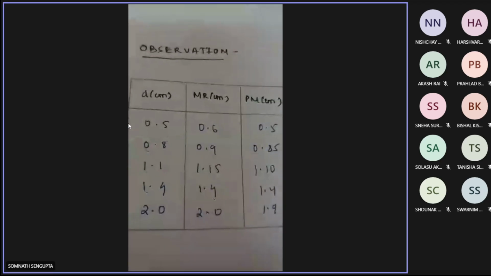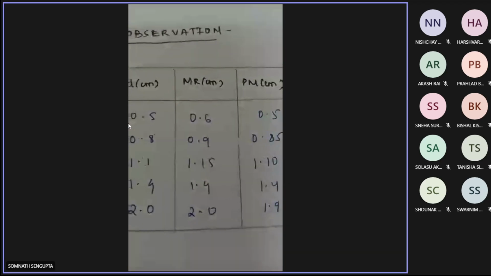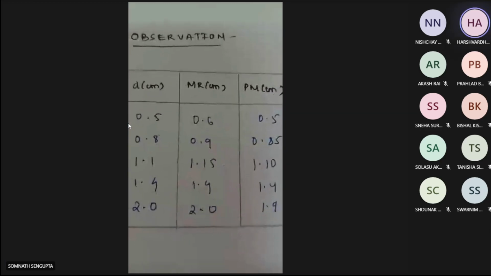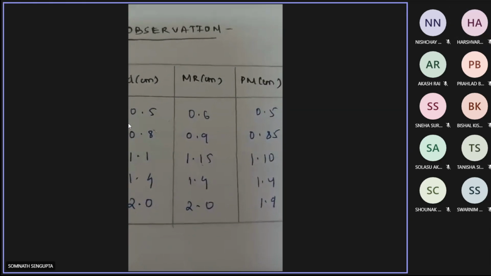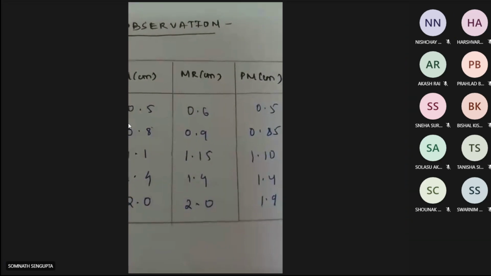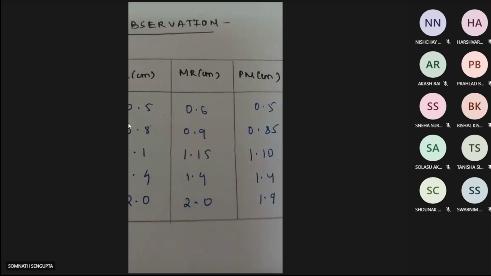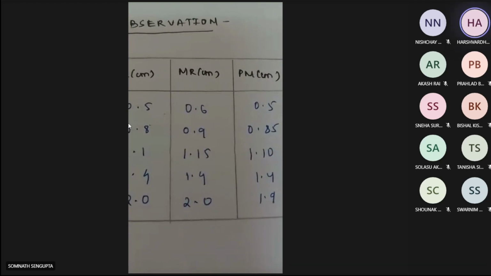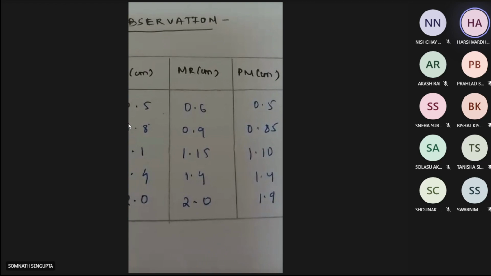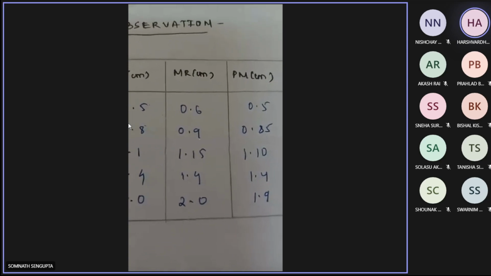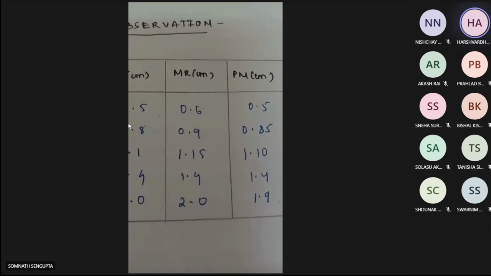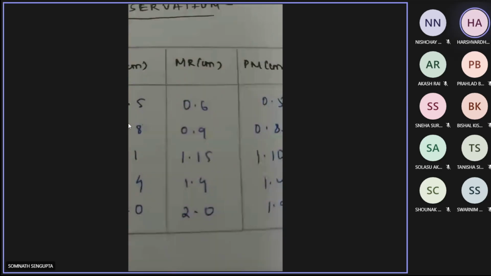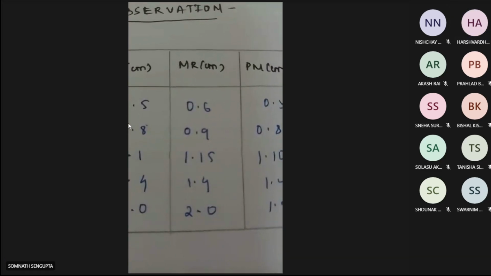So I'll give you just these values. So do you see the values? Yes, sir. You tell what the values are there? I'm starting, sir. So first one is 0.6, second one is 0.9, third one is 1.15, fourth one is 1.9, I guess, sir. And 1.4. 1.4, 2.0.